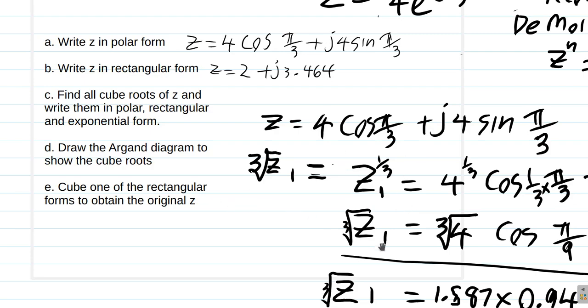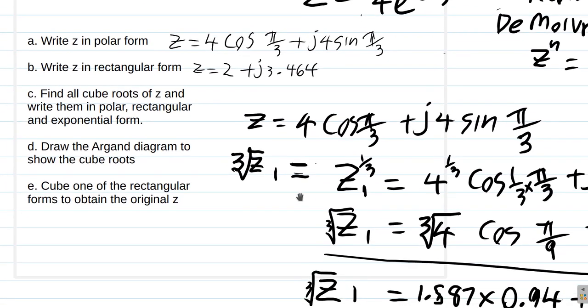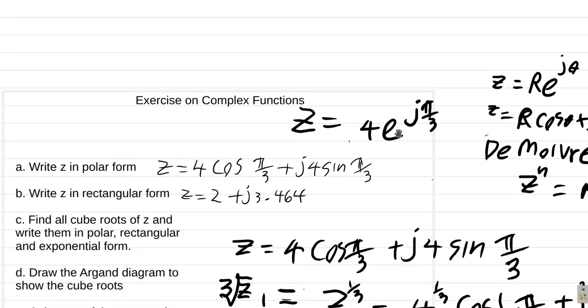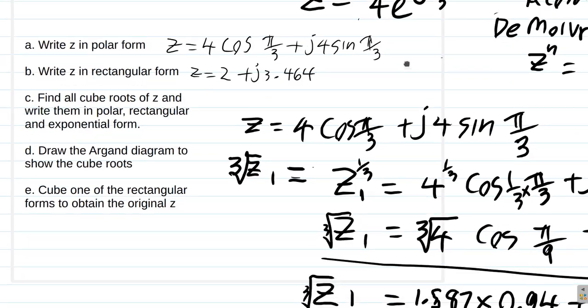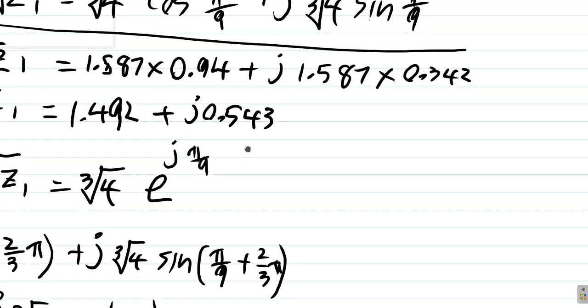Okay, here we are. We left off right here where we had found the cube roots of this complex number, right? We want to draw the Argand diagram to show the cube roots.